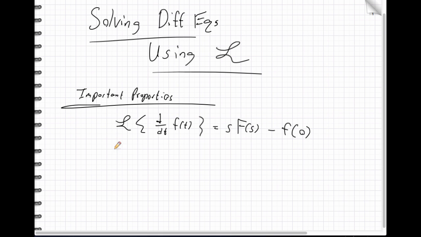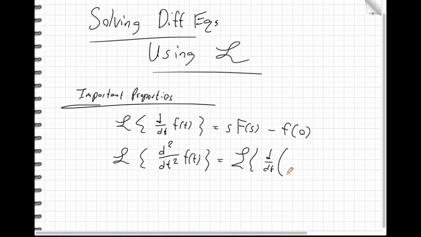We've seen that. Now let's try to expand that and try the second derivative, d squared dt squared of f of t. I'm going to use this property to prove this property. This is the same as the Laplace transform of d dt of d dt of f of t.